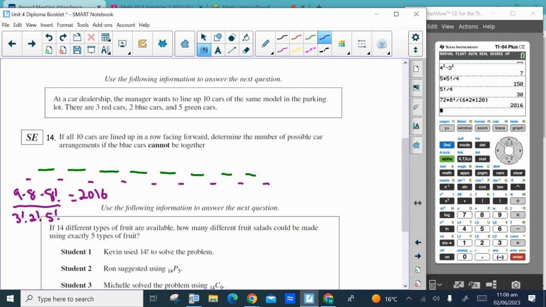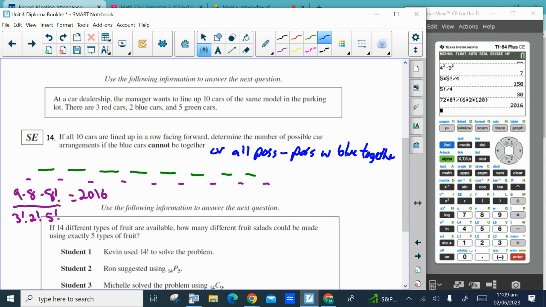And then we looked at a different way to do questions like this. When items have to be separated, when they cannot be together. The other way we did it was by taking all possibilities minus the possibilities with the blue cars together. So this is another way that we did these. If things cannot be together, we saw that we could also get our answer by taking all possibilities and subtracting the possibilities with the blue cars together.